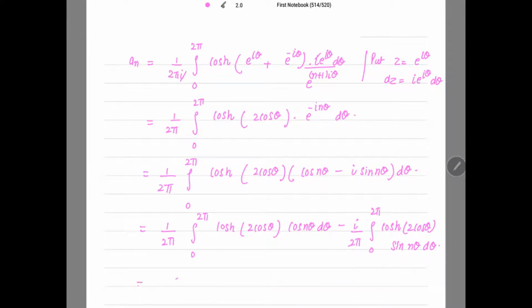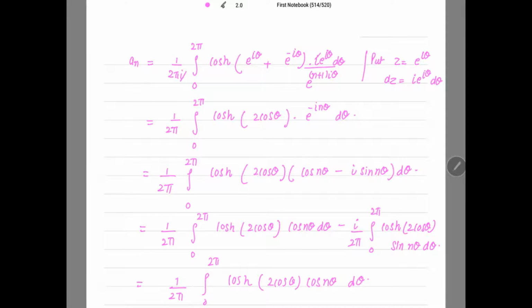And we are left with 1 over 2 pi as the value for an, 0 to 2 pi cos hyperbolic (2 cos theta) cos of n theta d theta. Is it fine?